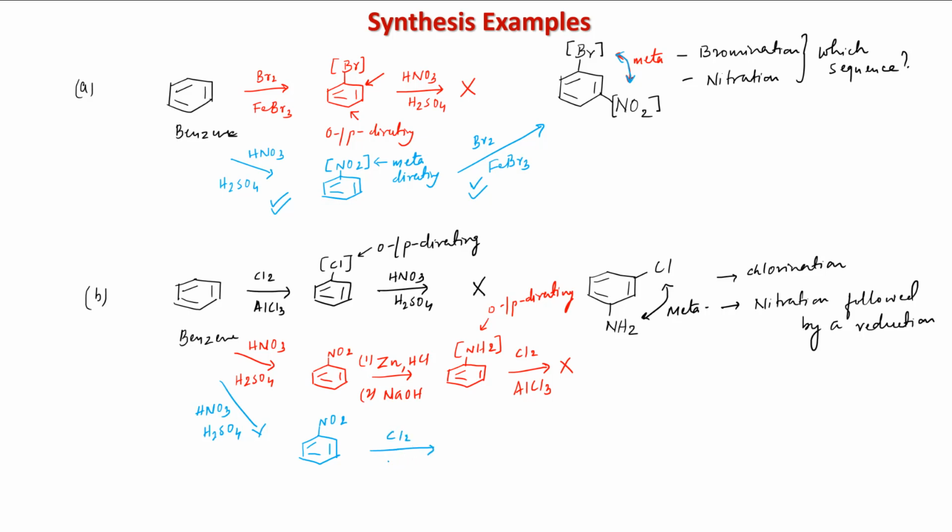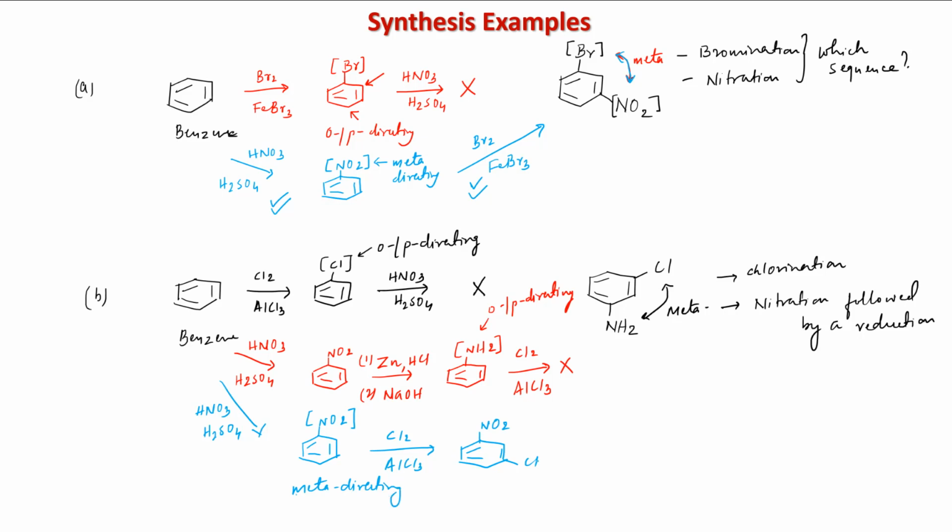So on the nitrobenzene, we do the chlorination. This would give us a meta-chloronitrobenzene, because the nitro group here is meta directing.